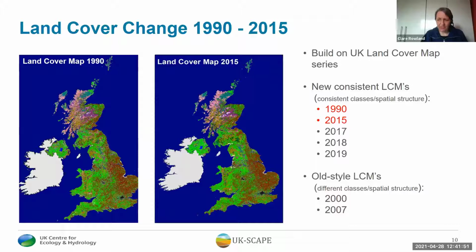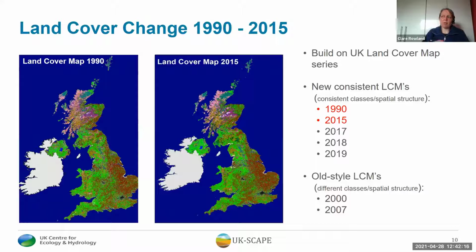So Land Cover Map 1990 was a pixel-based classification. In Land Cover Map 2000, we had something called a segment-based classification where we broke the UK up into segments that looked the same in the satellite data. We found that users didn't like that very much. So in Land Cover Map 2007, we developed a new spatial structure which is based on a simplified version of OS Master Map.